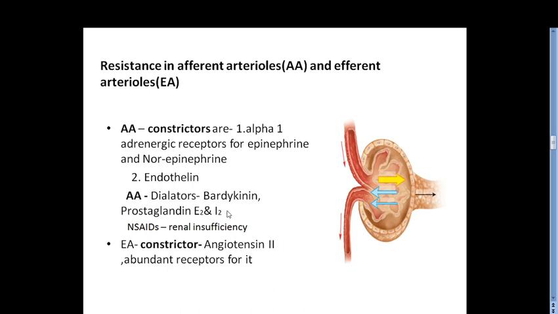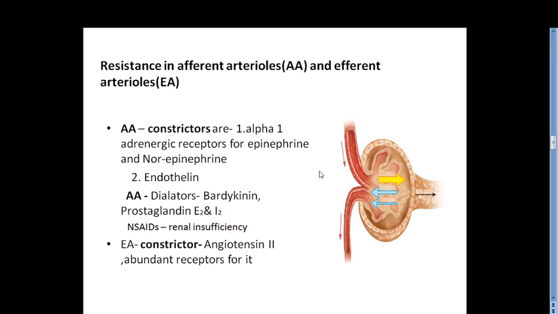And these two dilator chemicals, bradykinin and prostaglandins, oppose the vasoconstriction produced by epinephrine and norepinephrine under the influence of sympathetic stimulation.